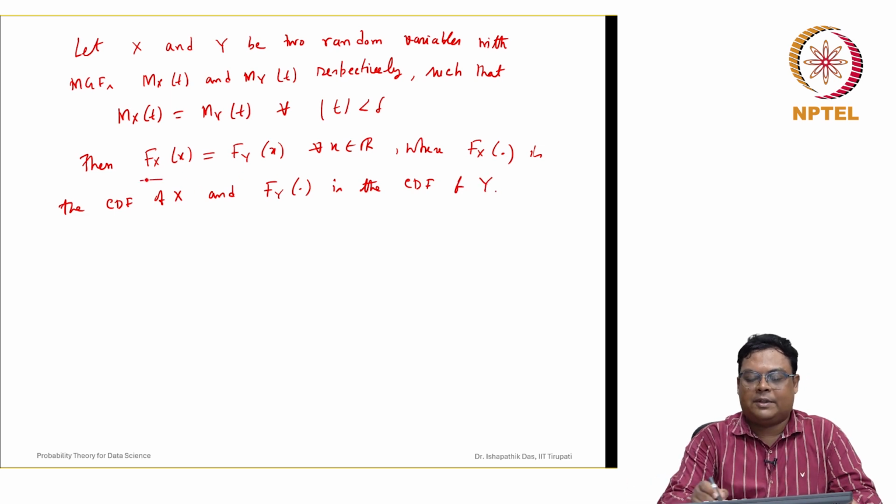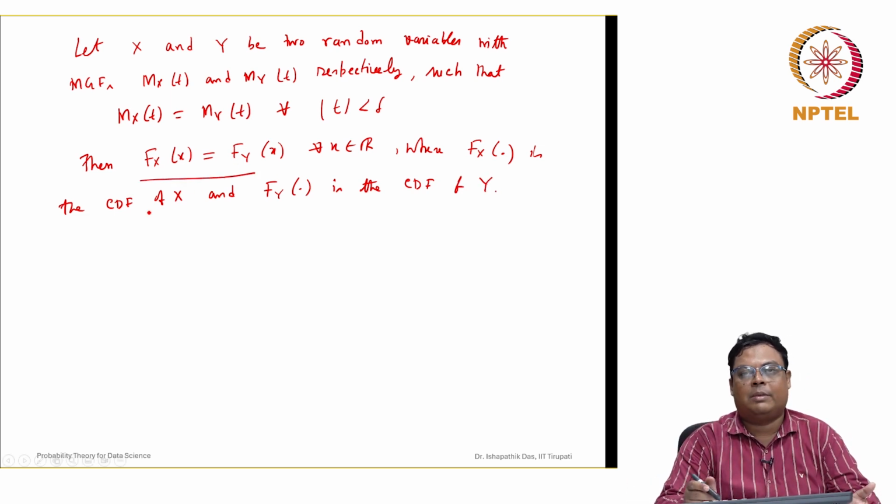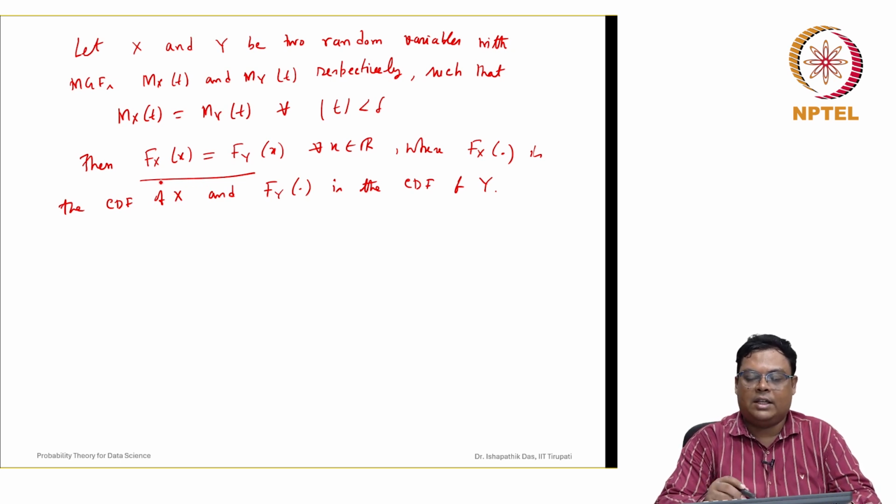So that means they have the same distribution function. Same distribution function means, if they are discrete, then they have the same probability mass function. If they are continuous, then they have the same probability density function. So these two random variables are basically the same random variable. So that is the uniqueness.